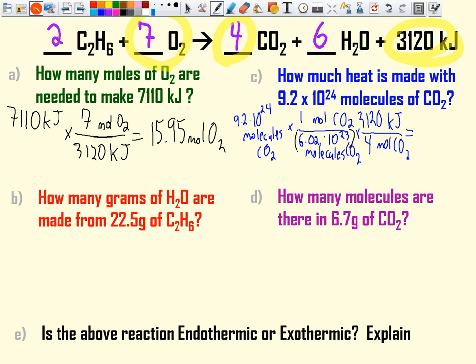In this case, I'm going to punch in my number. Make sure you use your caret if you are trying to do an exponent or whatever your calculator needs. So 9.2 times 10 caret 24 divided by parentheses 6.02 times 10 caret 23 end parenthesis times 3120 divide 4 equals. And I'm going to get a big number here, but that's okay.